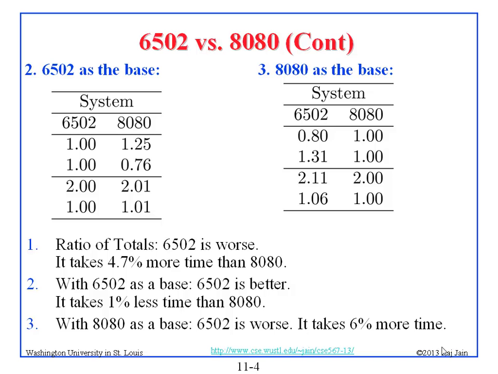So on the average, it is 1% slower. Right? And if you are 8080, you just do the opposite. You take yourself as the base, and then you say 6502 is 6% slower.